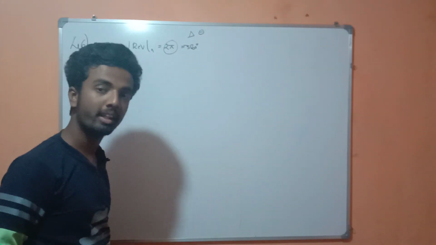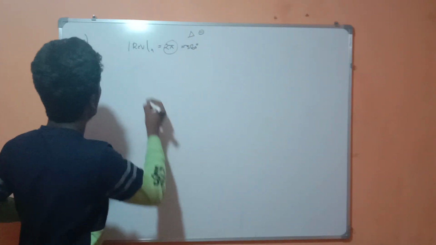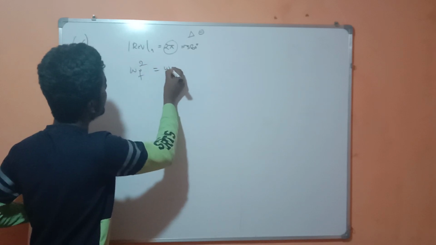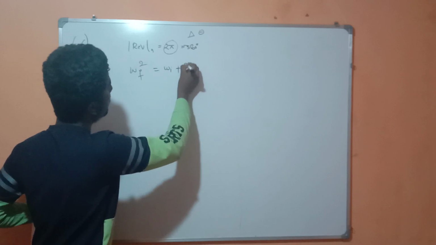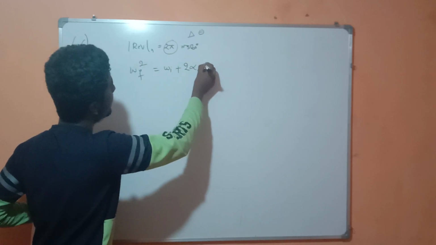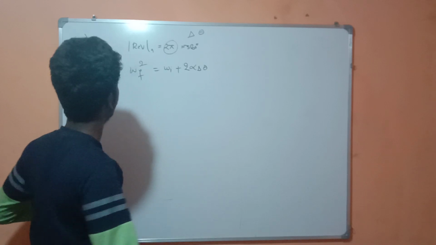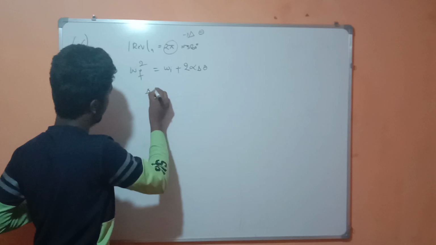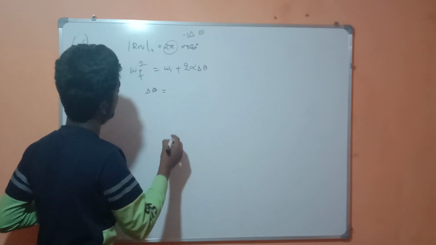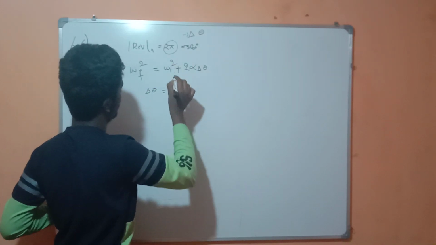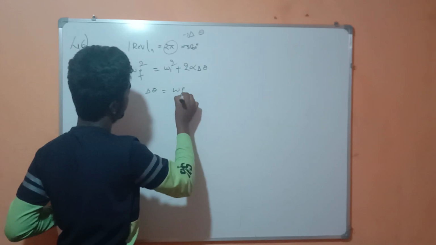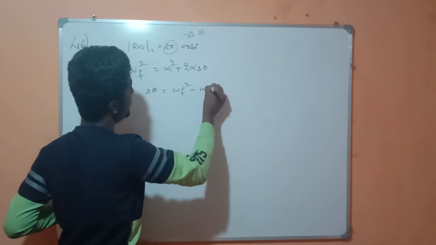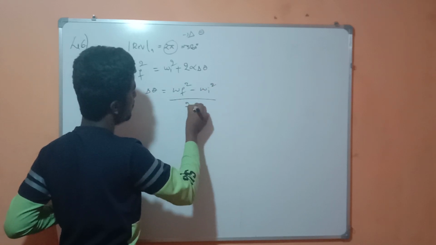How to find delta theta, children? That is omega final square is equal to omega initial square plus 2 alpha delta theta. What do we need? It is delta theta. Delta theta is equal to omega final square minus omega initial square, divided by 2 alpha.